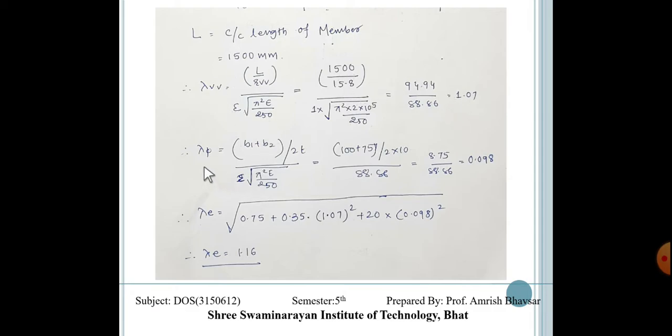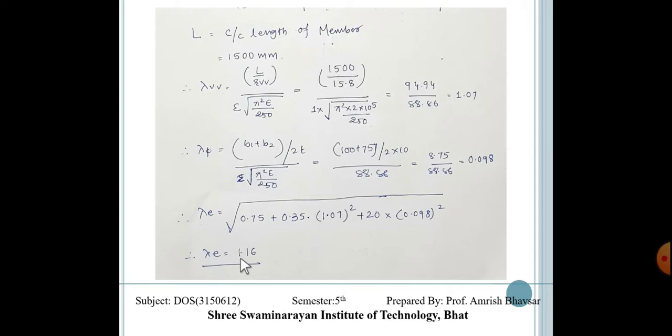Now lambda phi: the equation is b1 plus b2 upon 2t divided by epsilon under root of pi square E upon 250. After putting in the values we get 0.098. Now we have all five values, so put them in the equation: lambda E is equal to the square root of 0.75 plus 0.35 into 1.07 square plus 20 into 0.098 square. So we get lambda E equal to 1.16.